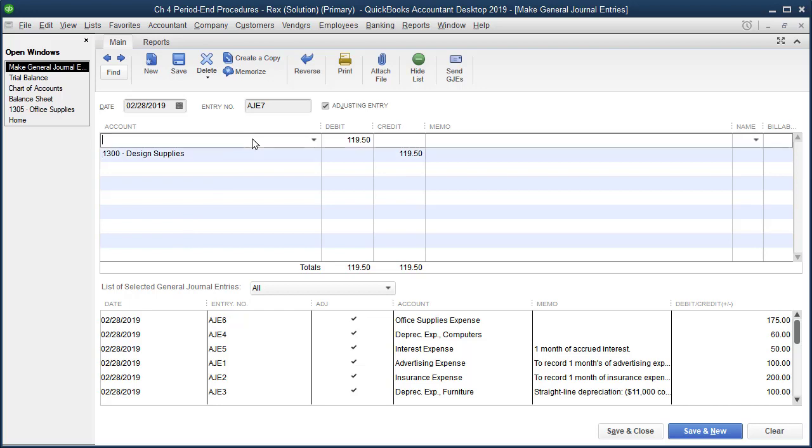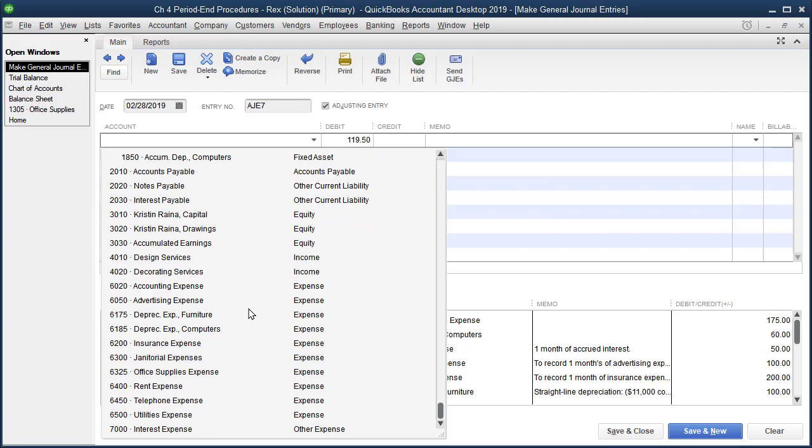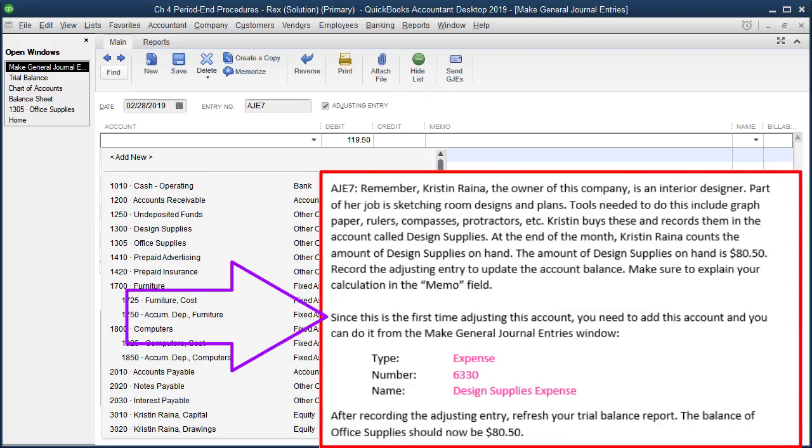And the other account is an expense. So we should have design supplies expense. And notice we don't have design supplies expense on our chart of accounts. That's because this is the very first time it's ever been adjusted. So we have to add it. This is a one-time deal where we have to add it. And notice the instructions do tell you to add it.